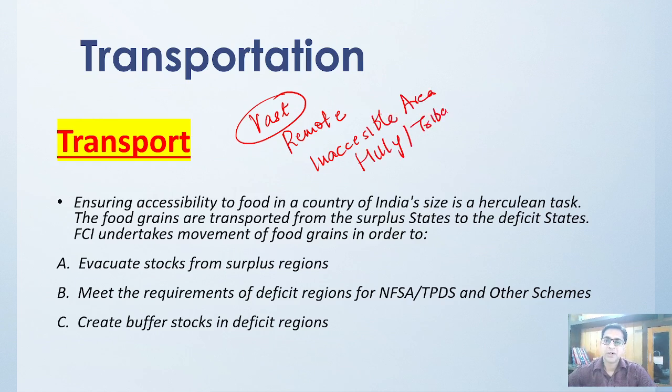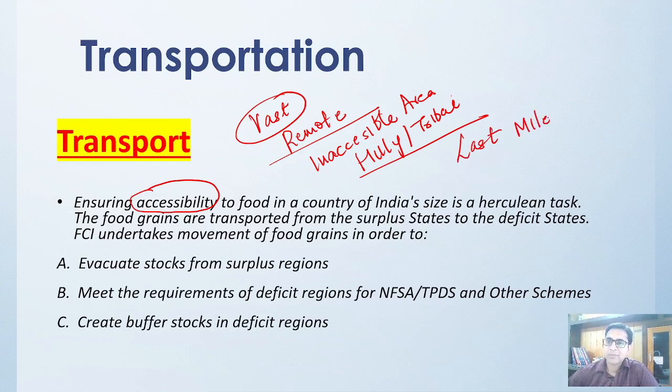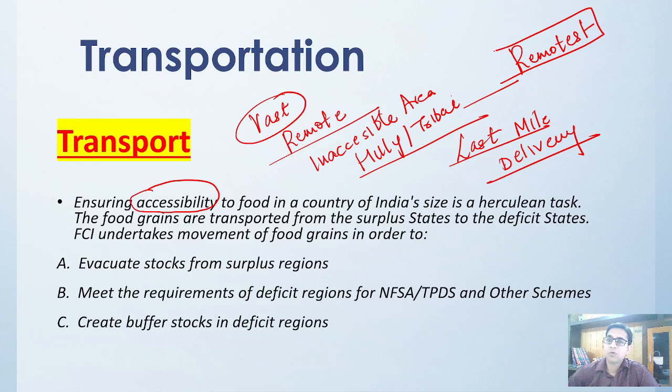So we need to provide proper accessibility of food to all these places till the last mile, which we call last mile delivery. Last mile delivery means that even at the remotest part, everything is reaching.